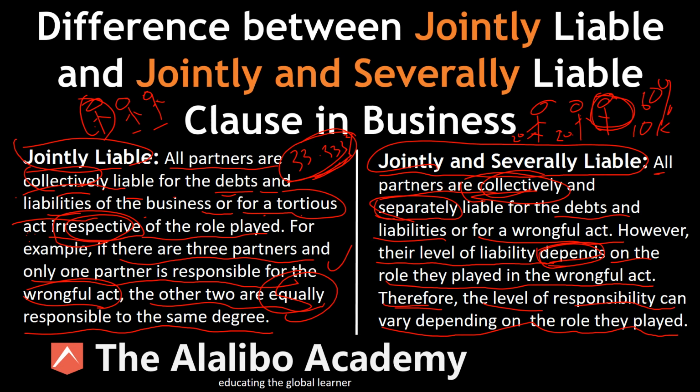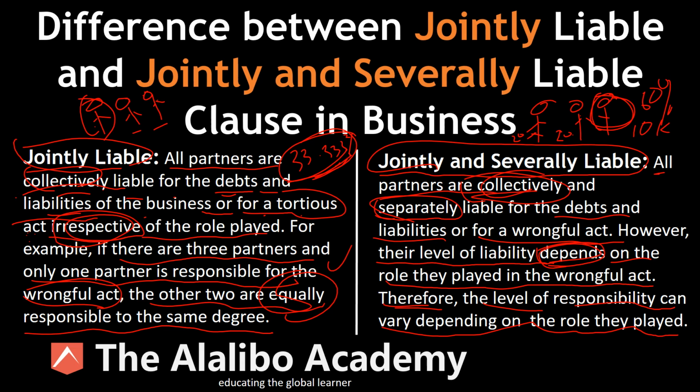Right, and this is also very important to understand in business, because you want to know your level of responsibility going into business, and you want to be very serious about how you interact with clients, suppliers, and the general public, because you know you will be responsible. In either clause, you'll be responsible. In one clause, you're fully responsible, whether or not you're part of that wrongful act.